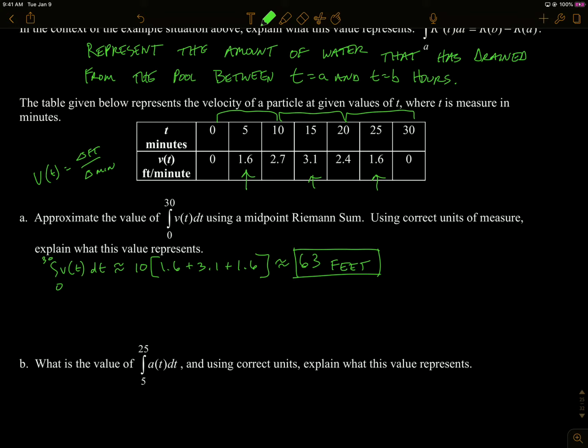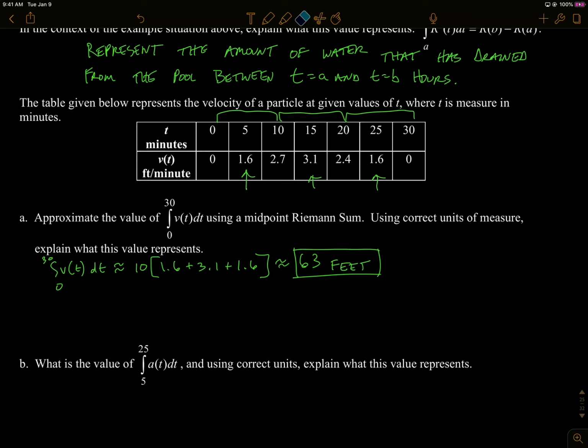So when we integrate, this change in minutes is coming to the other side, and we're just getting the change in feet, essentially. So 63 feet is not how much water is in the pool. I cannot stress that. Or, sorry, this is a velocity one. 63 feet is not the position. It's what the change of position over that time period from 0 to 30 was. We don't know what the position was to start.